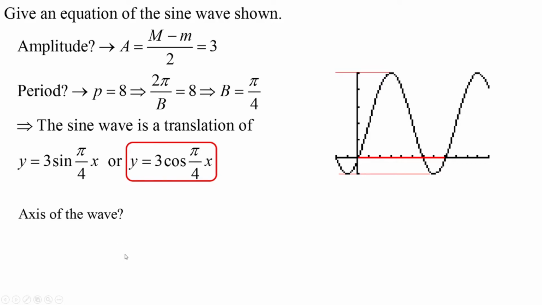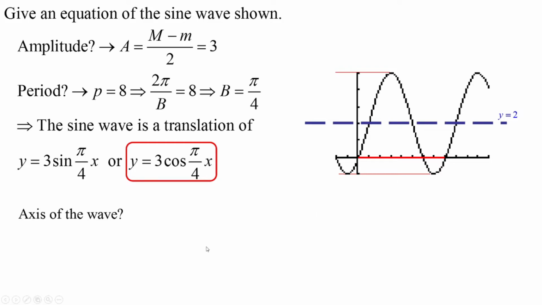Now the axis of this sine wave right here is simply the horizontal line that goes right through the middle of the function. So let's see. I mean, the range of this function is what, 6 units? So wouldn't that horizontal line be nothing more than y equals 2 right there? Guess what? That is my k.